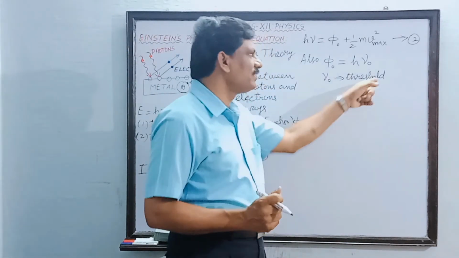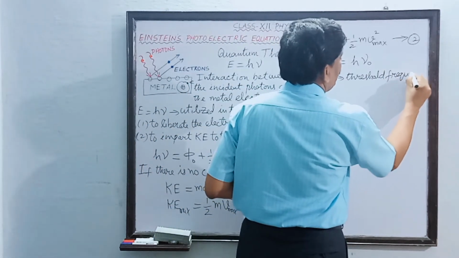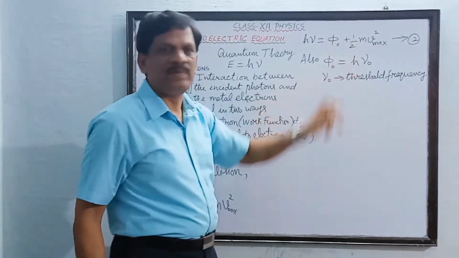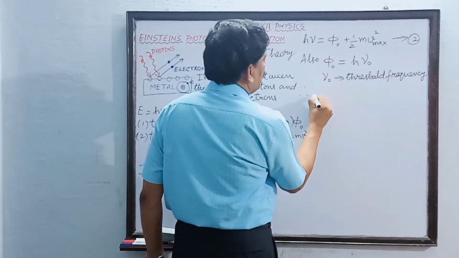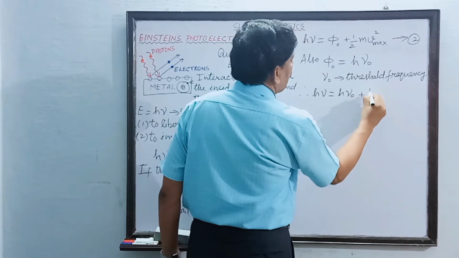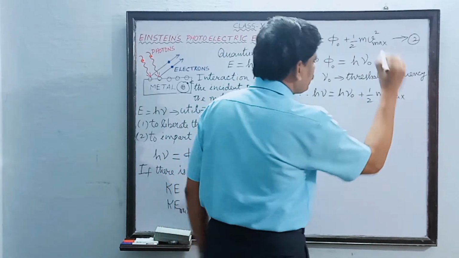That is called the threshold frequency. Since we have already studied this, I am substituting here. So φ₀ can be replaced by what? hν₀. Therefore now hν is equal to hν₀ plus half mv² maximum.